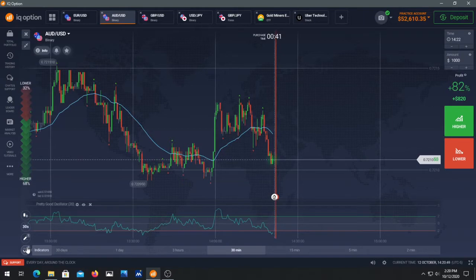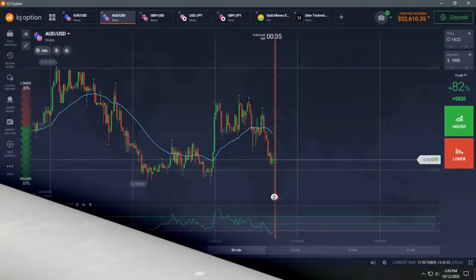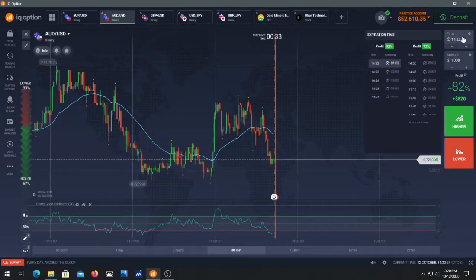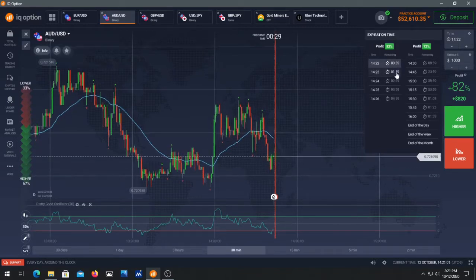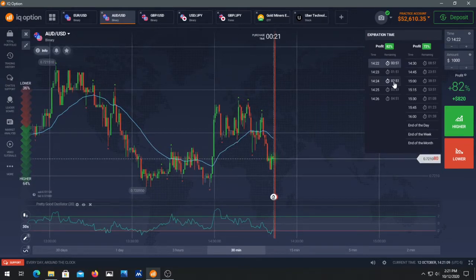So if the market is volatile a certain way, you might have to change the time frame in which you're trading. For example, if you're calling your trades in the 1 minute or 2 minute time frame and the volatility is a certain way, then you might have to step up the time frame a bit. You might have to move from 1 minute to 3 minutes, or from 3 minutes to 5 minutes.